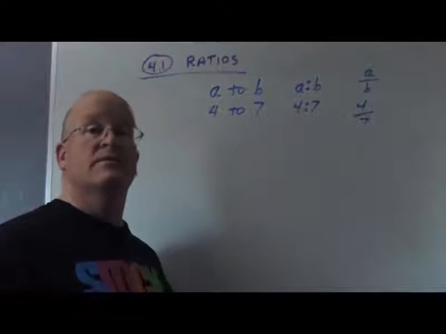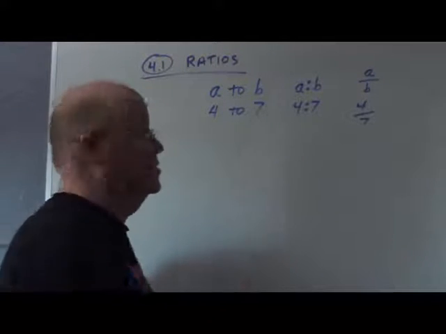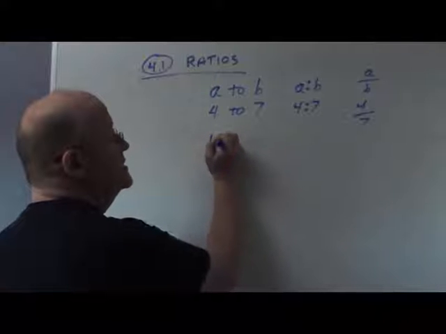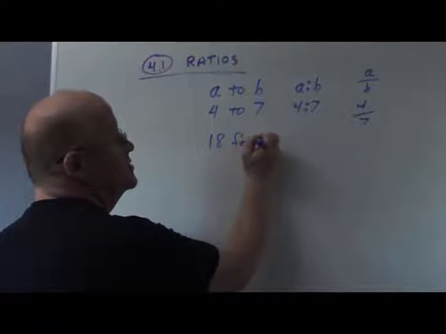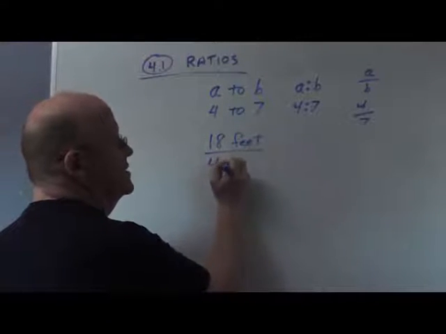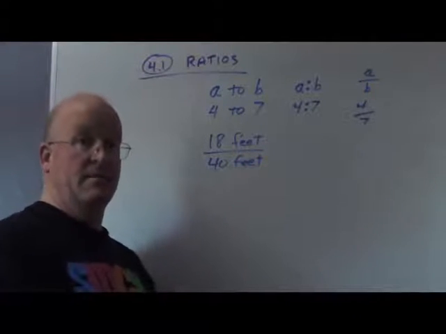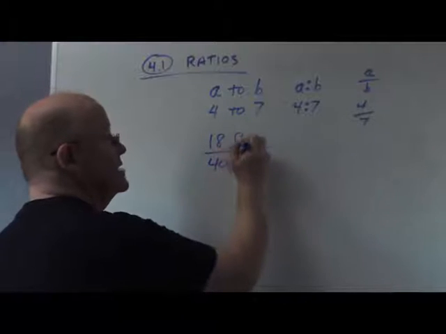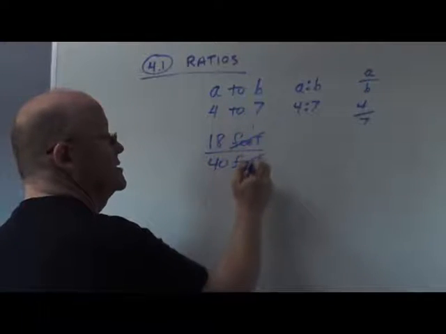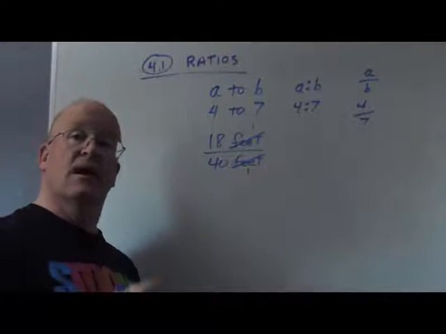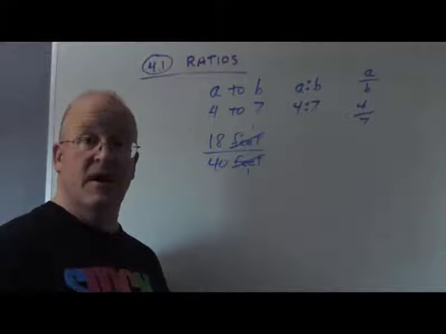We then want to be able to reduce ratios, and I'm going to begin with 18 feet to 40 feet. Notice that these ratios have units attached to them, but we are allowed to cancel out those units just the same way we cancel out numbers when we're simplifying a fraction.